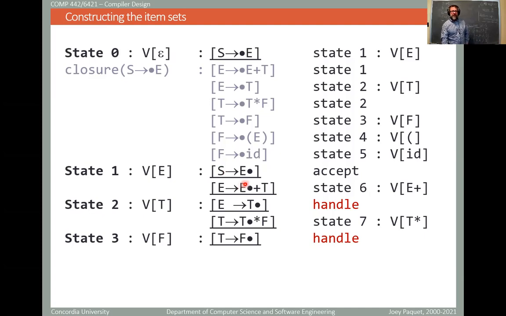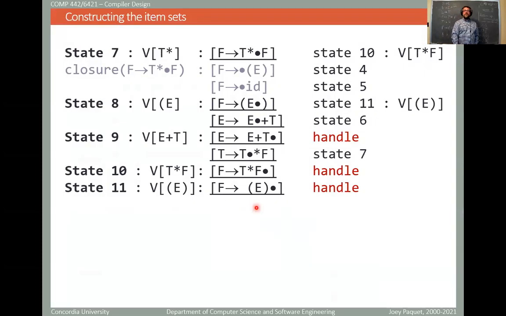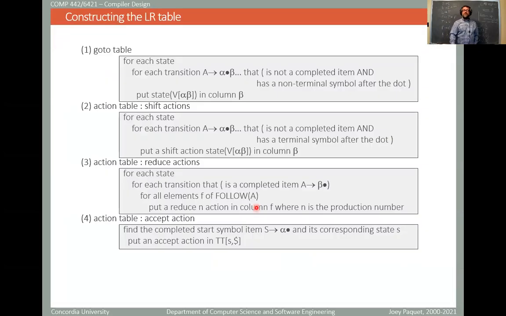Now here, I have a completed item. So essentially what I do here is I'm going to use follow of A in order to determine follow of the left-hand side, in order to determine under which column I'm going to introduce a reduce action that's going to use this rule here.